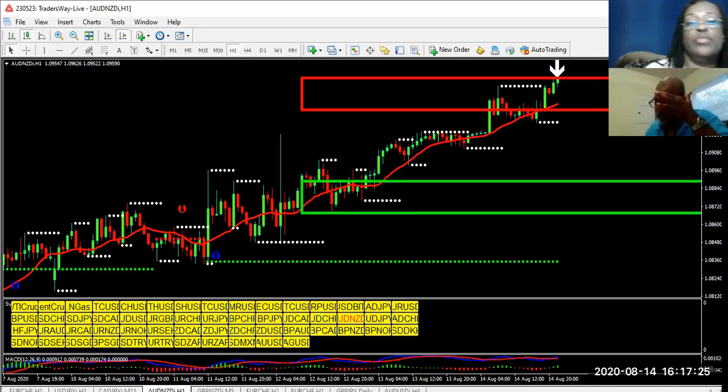The first thing we're going to do is be on the hour chart. We're going to plant our seat on the hour chart. On the hour chart, we're looking for a big arrow to be in one of these zones.